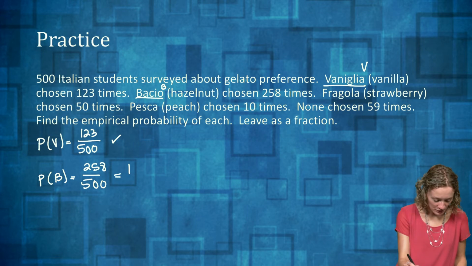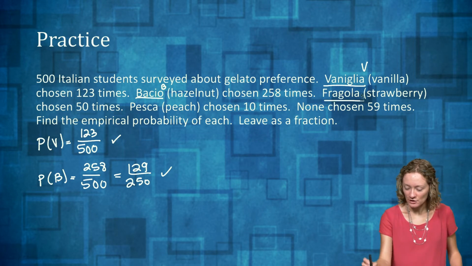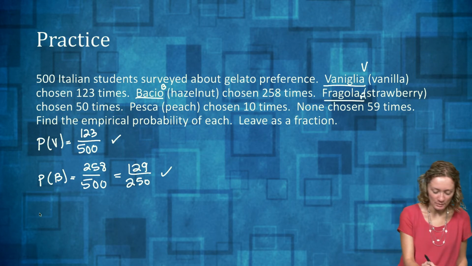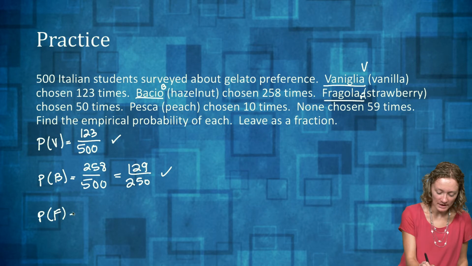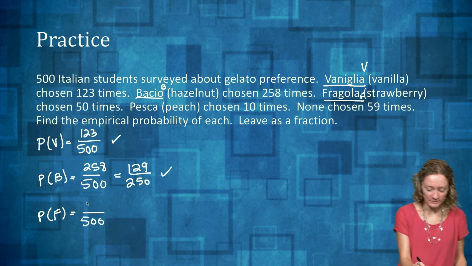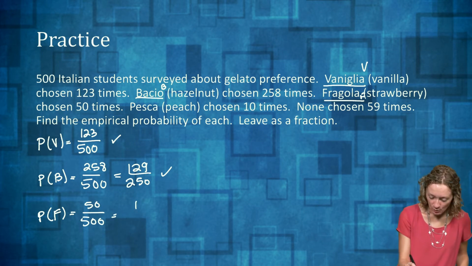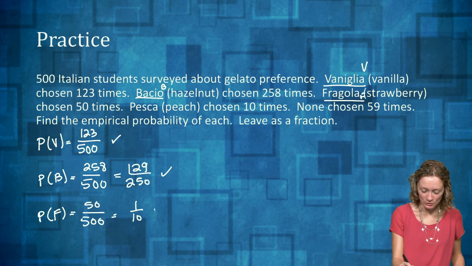The simplified version is 129 over 250. The third is Fragola. We'll call this event F. Probability of Fragola being chosen next. Out of the 500 that we already saw, 50 picked Fragola. 50 divided by 500, change to fraction. 1 in 10 will choose Fragola.